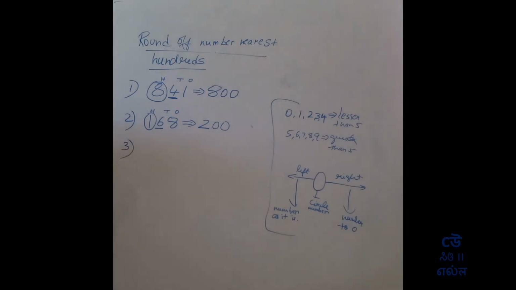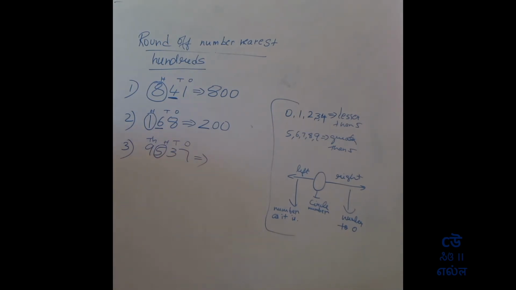Next, third problem. 9537. Okay. Here we have 4 digits, that is ones, tens, hundreds and 1000. As they have given in the question hundreds place, we have to circle the hundreds place value.